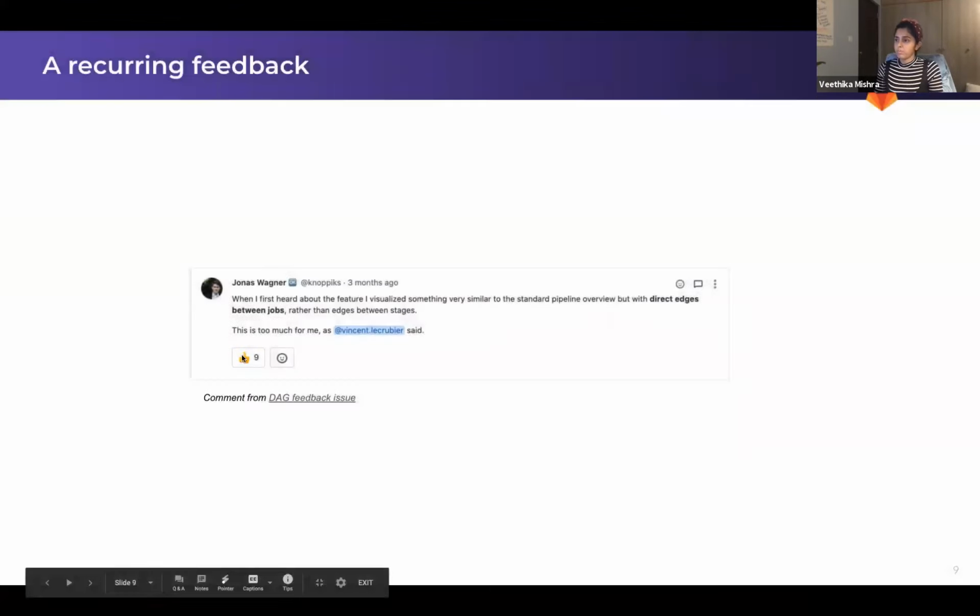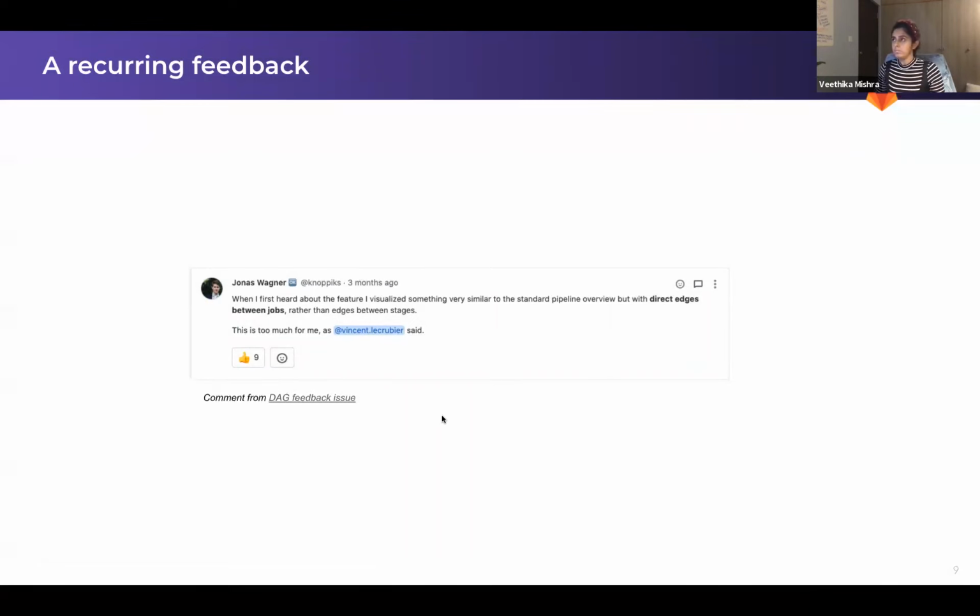So here is an example of a very common comment that we received on that public feedback issue, and not just there; this is what people were usually saying when they looked at it for the very first time. It says, when I first heard about the feature, which is DAG visualization, I visualized something very similar to the standard pipeline overview, but with direct edges between jobs.